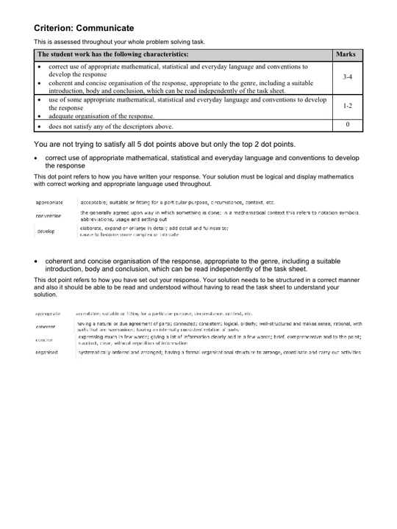Now, I see two key things in communicate. Again, it's the top two that we're looking for. The first one: correct use of mathematical, statistical, and everyday language and conventions to develop the response. What does that mean? That basically means, how have you written a response? Your solution's got to be logical and show mathematics with correct working and correct language.